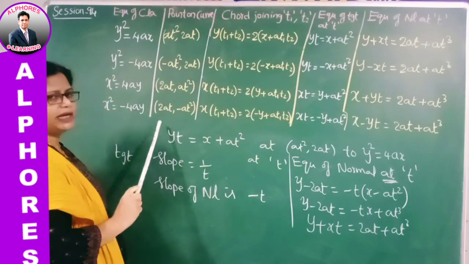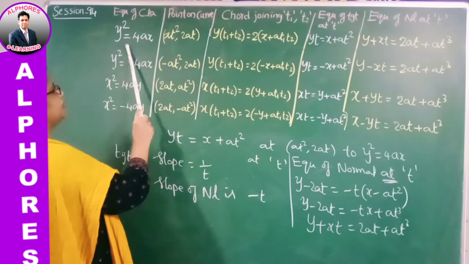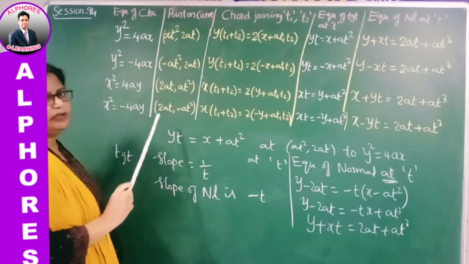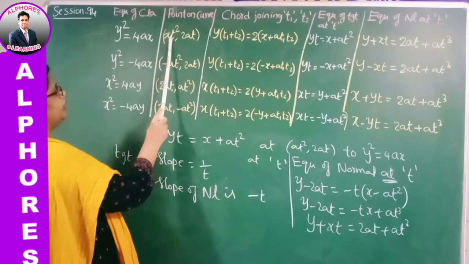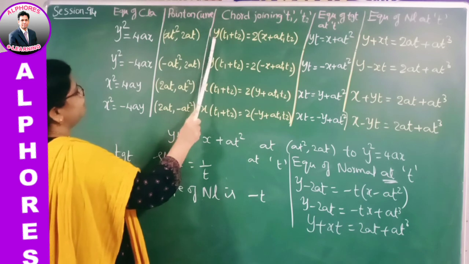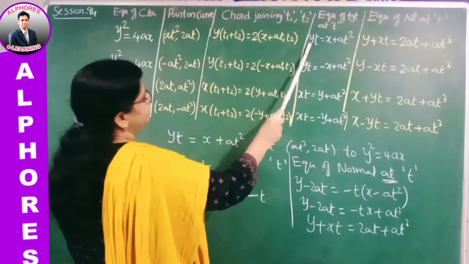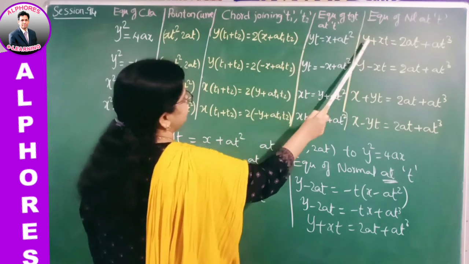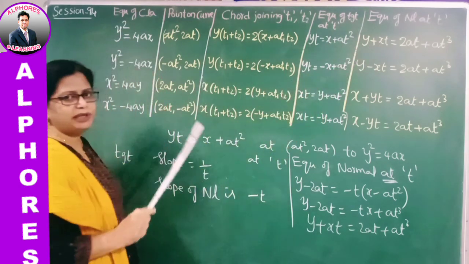Not only these, the axis may be along the x axis or along the y axis. Suppose the axis is parallel to the x axis: replace y by y minus beta and x by x minus alpha, and then add alpha and beta in the coordinates. Similarly in every formula, y is replaced by y minus beta and x by x minus alpha.